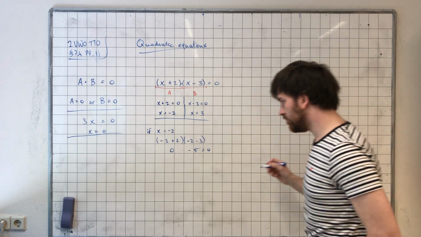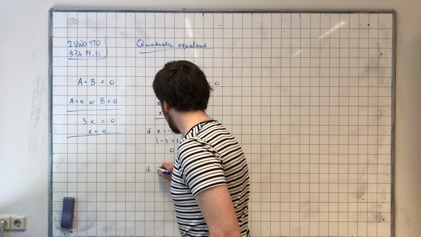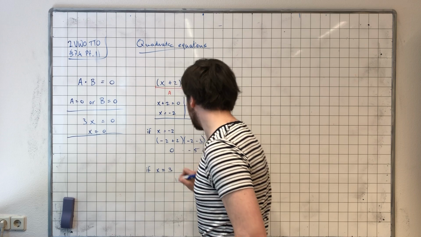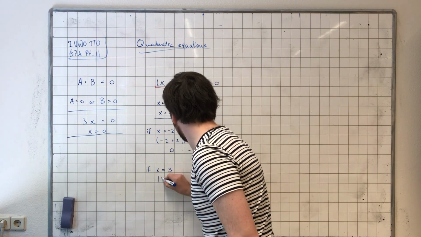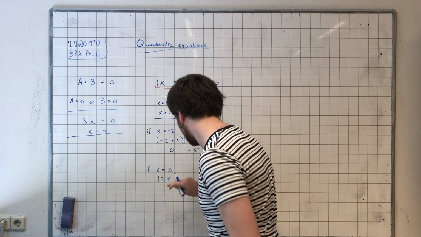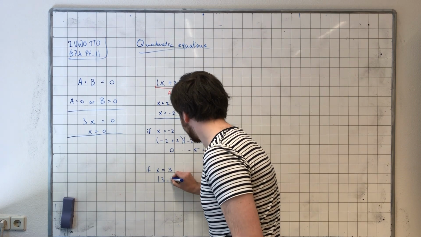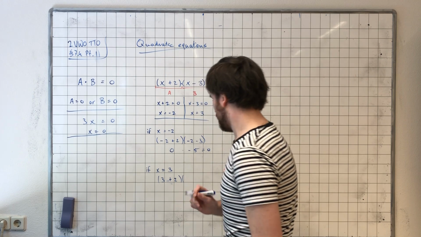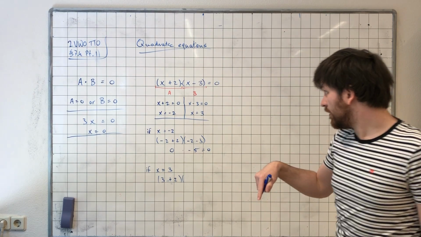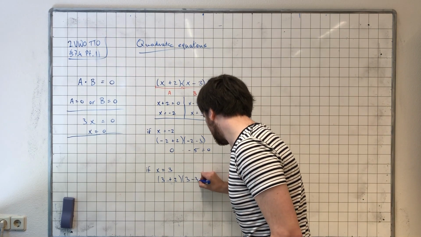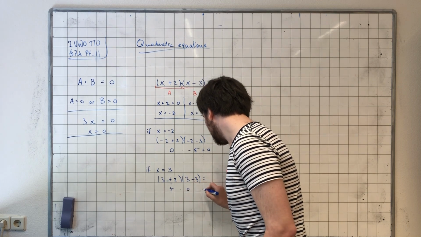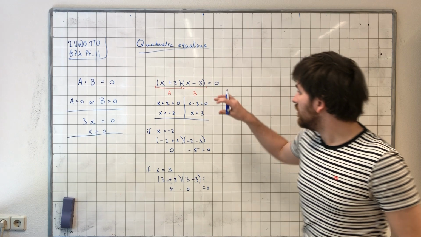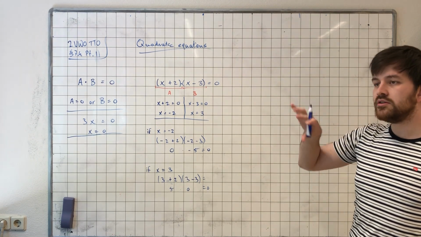So that's good. But what if x equals 3? Does the same thing happen? Well, the first pair of brackets will give us 5. So that's not very helpful, but the second pair of brackets gives us 3 minus 3, which is 0, and 5 times 0 is also 0. So in these kind of things, there are usually two answers.